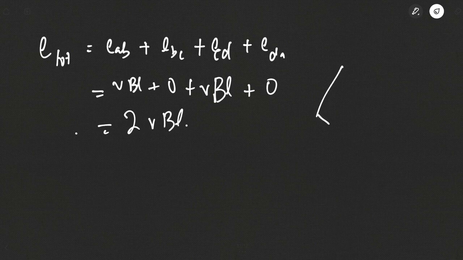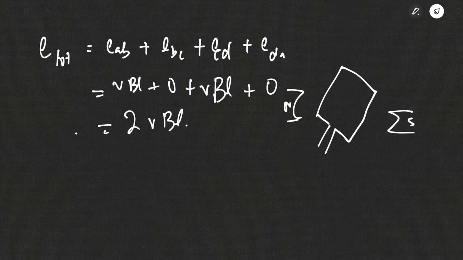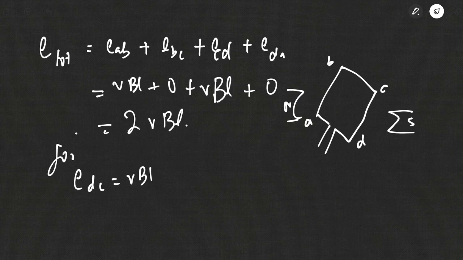Now after 180 degrees of rotation, you have north here, you have south here, and AB has shifted to this side. This is your A, this is your B, this is your C, this is your D. So looking at this now, EDC will be equal to VBL after 180 degrees of rotation.